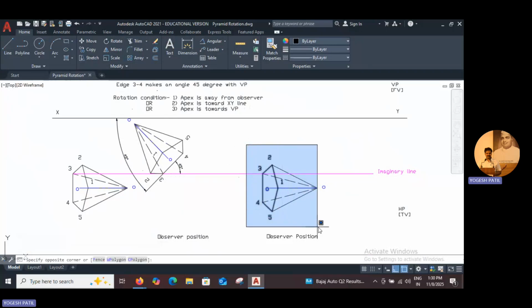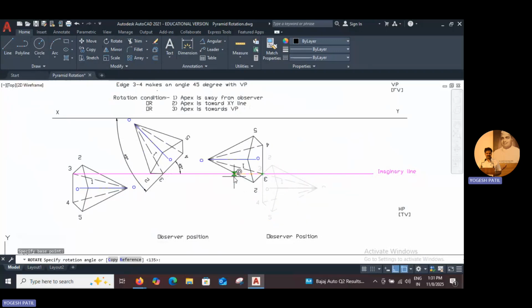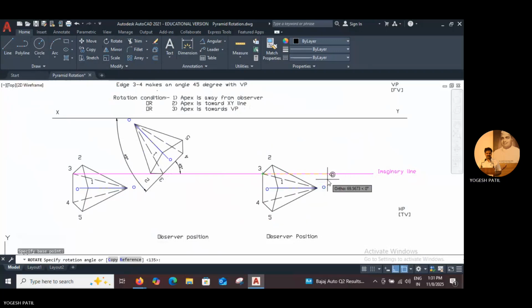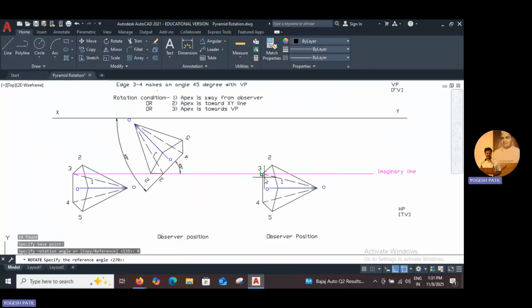Now I am going to select this and open the rotate command. Base point is 3. When I define the base point, this imaginary line will get created and angles will be measured against this imaginary line. Click on reference. 3 is the first reference, 4 is the second reference, and now I am going to add angle as minus 45.